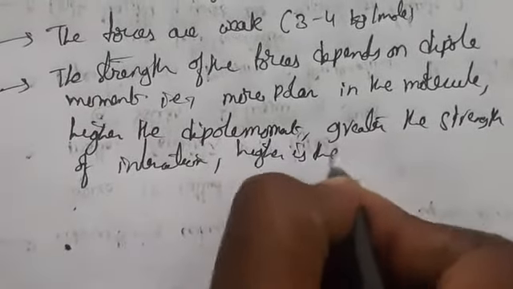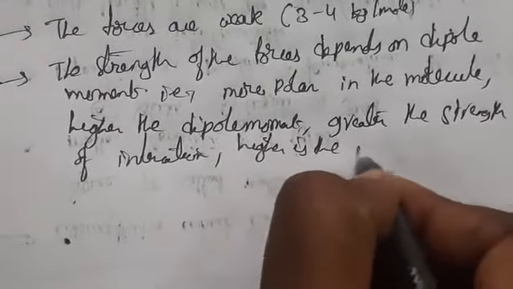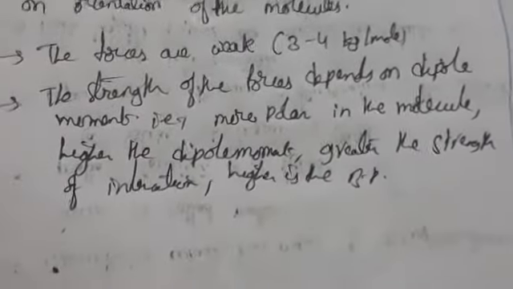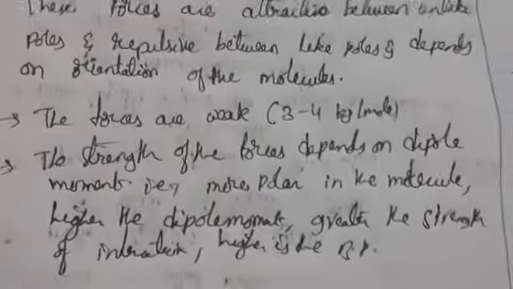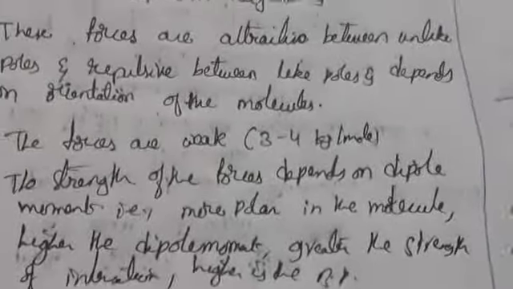Because if a polar molecule has more polarity, meaning the difference in electronegativity of the atoms is more, then we have a higher boiling point, more dipole moment, and the interaction is also more.